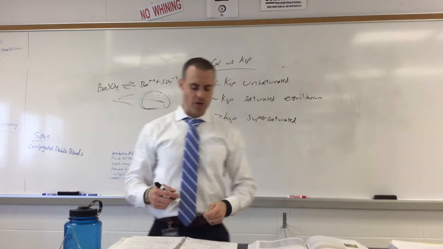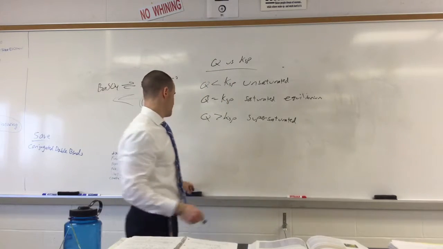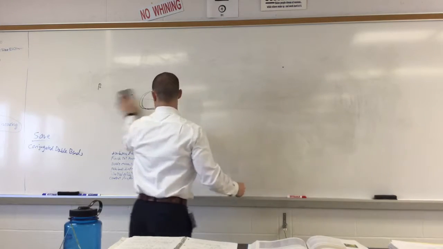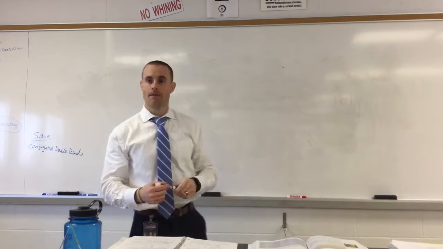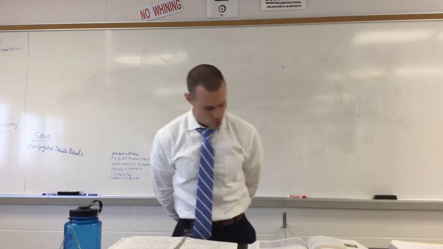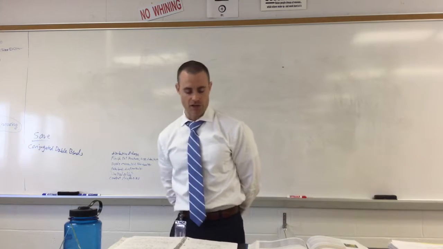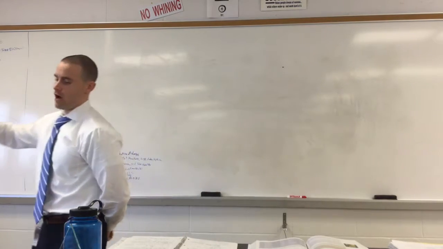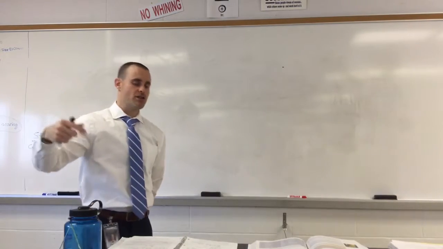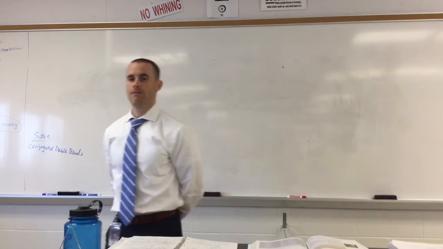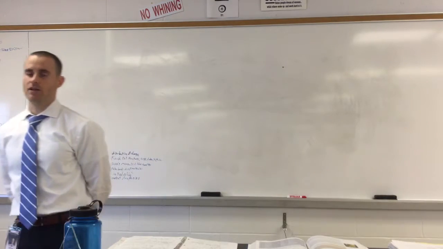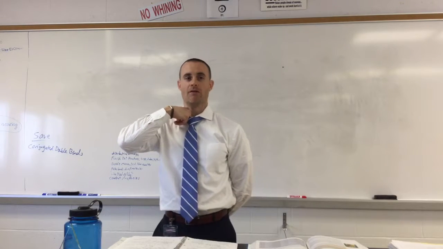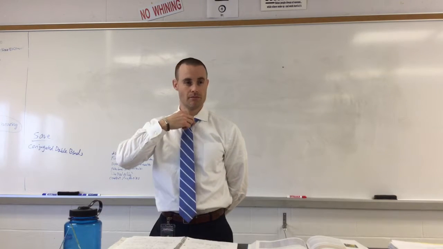What's the KSP for AgCl on that table? 1.6 times 10 to the negative what? 10. Yeah, that's for AgCl. So if you wanted an unsaturated solution of silver chloride, what does your final concentration of Ag plus have to be? Less than that number.